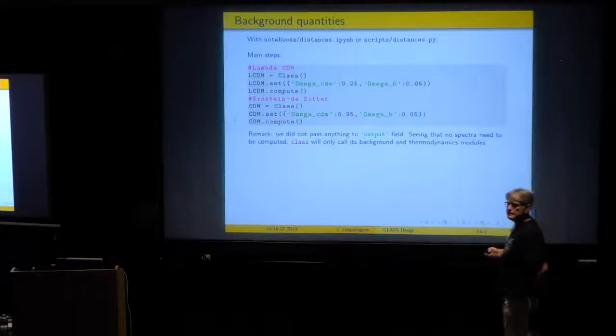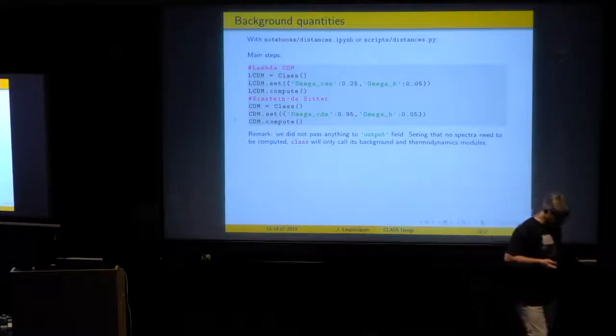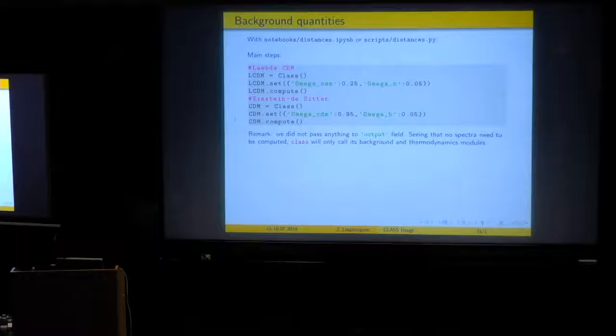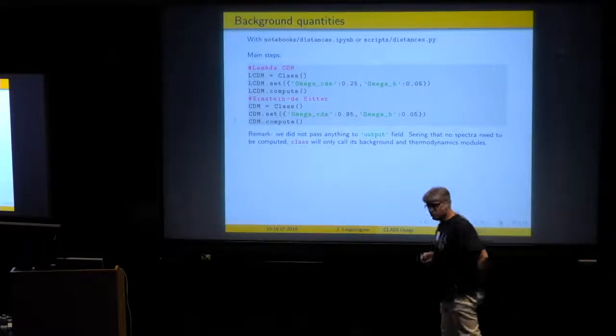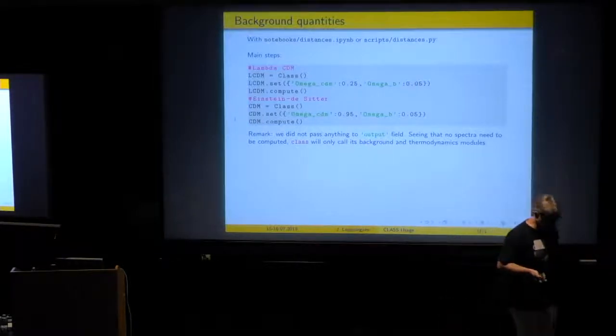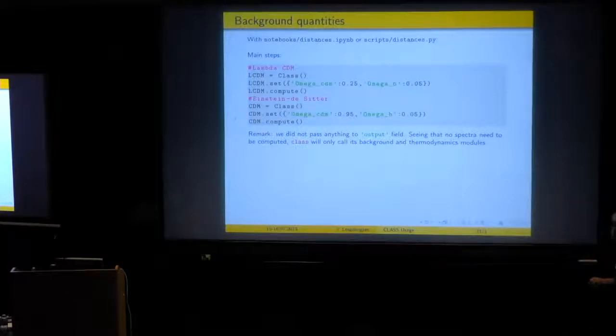Well, not exactly, because in the budget equation, you have a small contribution from radiation. So what should be 1 should be omega CDM plus omega B plus omega radiation plus omega lambda. By default, radiation is the normal photons, the normal massless neutrinos. It contributes by a very small amount, but then it means that omega lambda should not be exactly 0.7, but a little bit less.